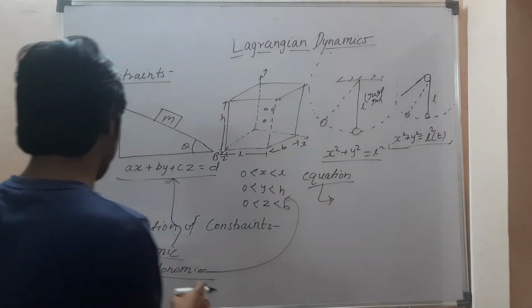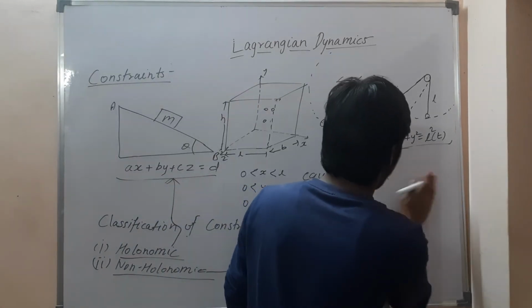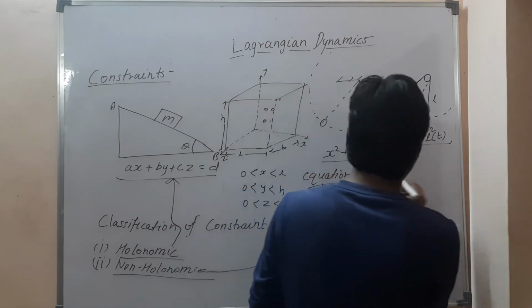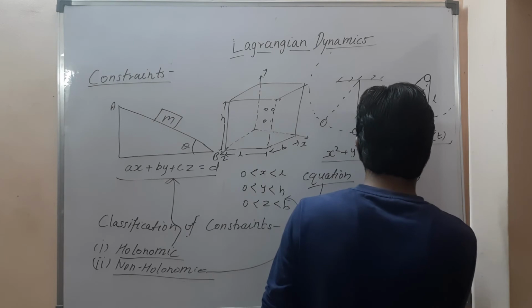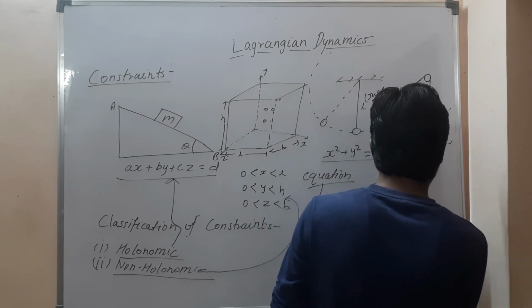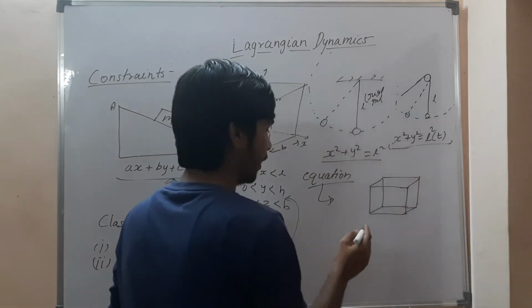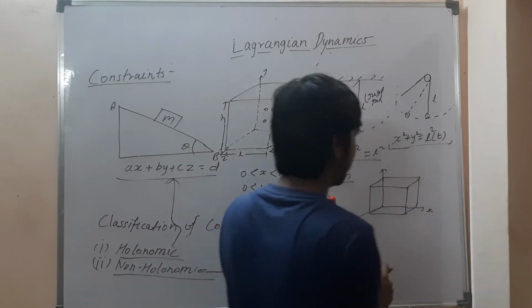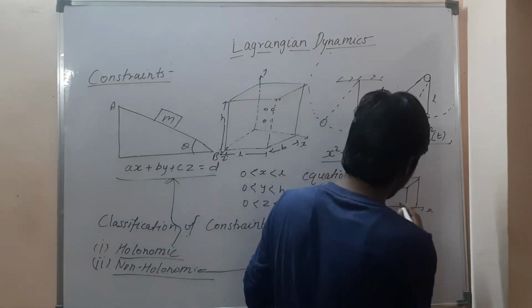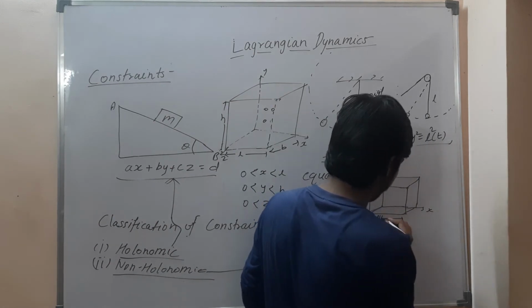If I want to show a non-holonomic type, what can I show? Let me take one more example. Similarly, I have one box, with the z-axis, x-axis and y-axis, and I am changing the length: this L is increasing with respect to time.